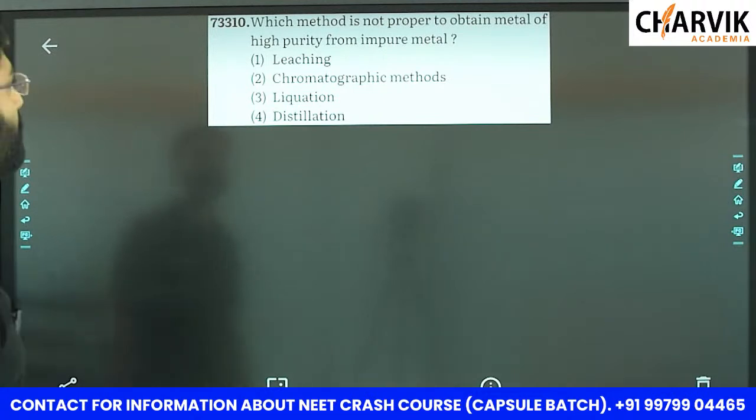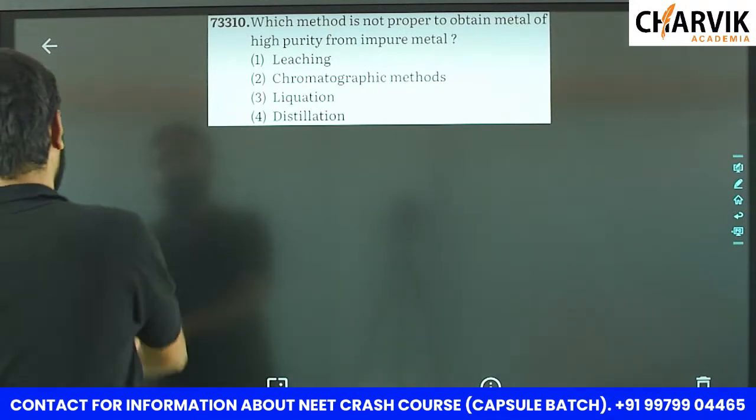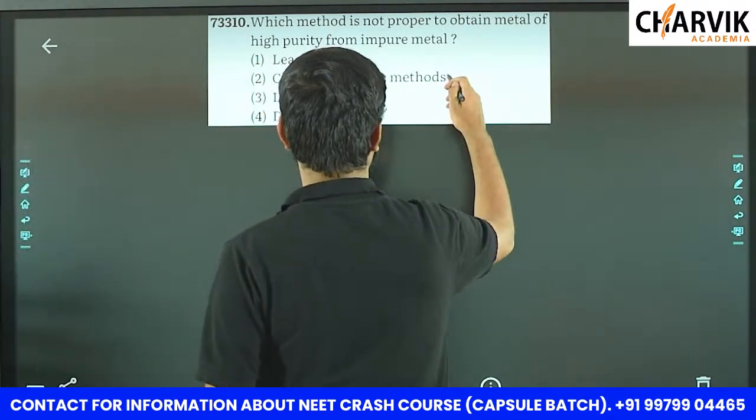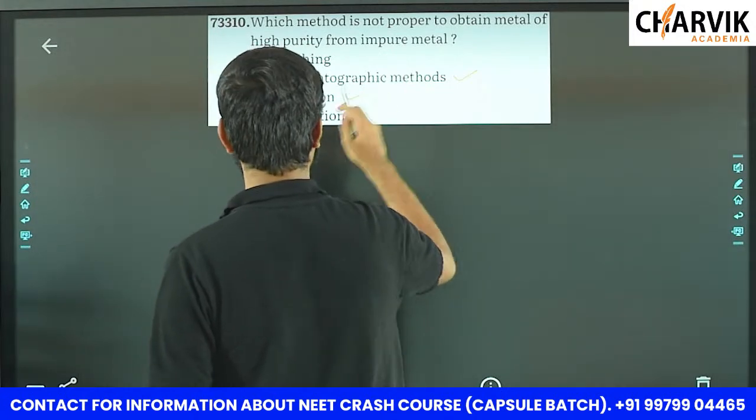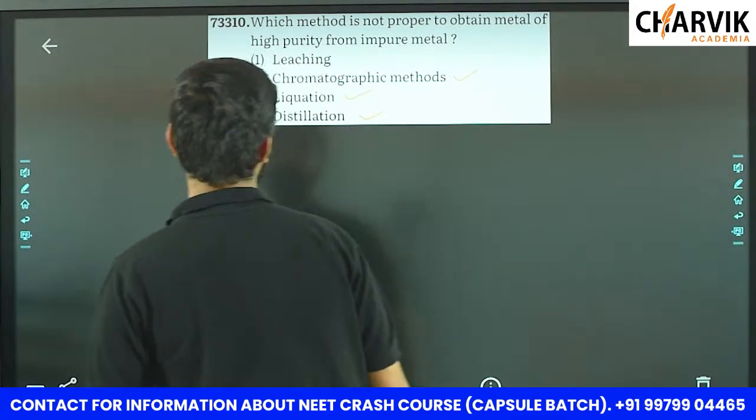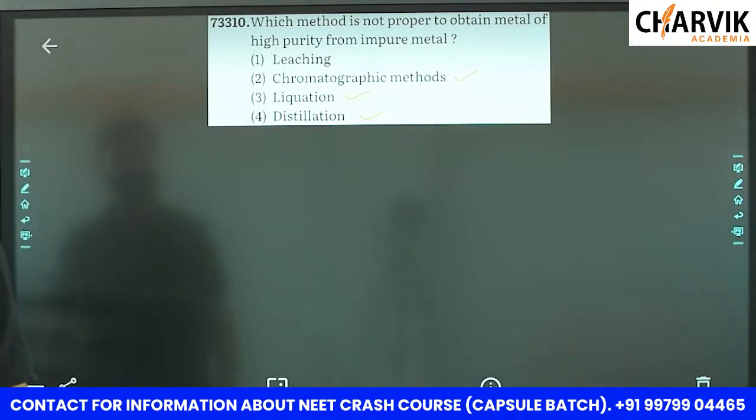Which method is not proper to obtain metal of high purity from impure metal? In the case of chromatography, you will get pure metal. Liquation, you will get pure metal. Distillation, you will get pure metal.